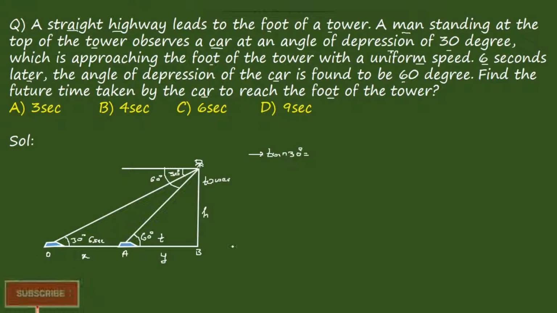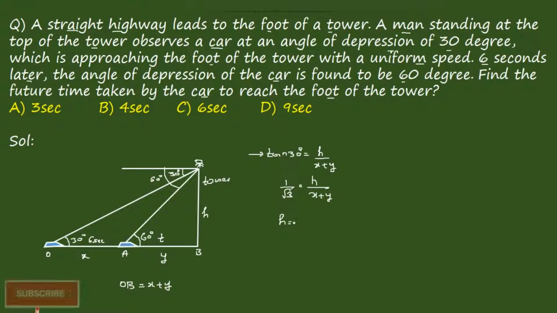Here the base is from O to B. Then OB is x plus y, and the perpendicular is H. So tan 30 is 1 by root 3, which is equal to H by x plus y.